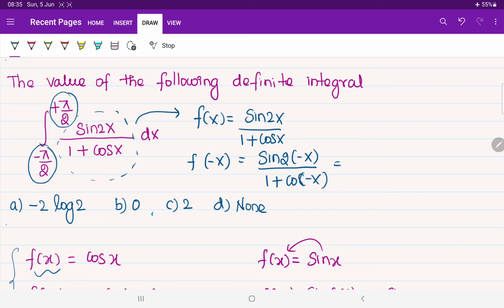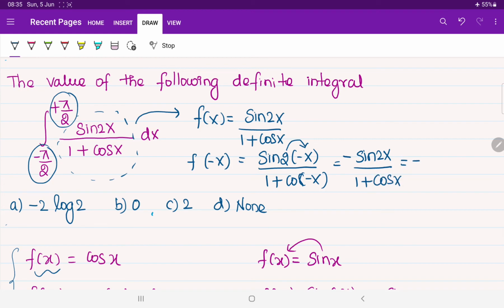Tell me what will happen. Sin minus 2x, you can also consider this 2 inside because that is constant. Just now we have observed that sin of minus theta equals minus sin theta. This can be written as minus sin 2x upon 1 plus cos of minus theta, which equals cos theta only. So this can be again written as cos x.